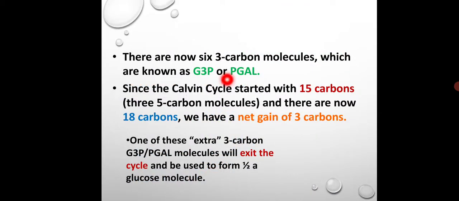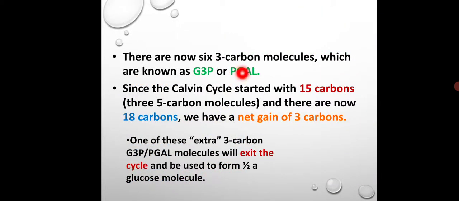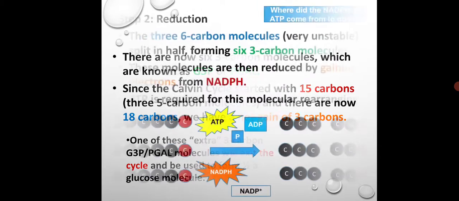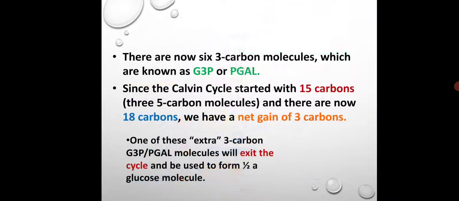Now there are 6 3-carbon molecules. ठीक है, हमारे पास 6 कार्बन मॉलिक्यूल है. Okay, so we have 6 molecules which are known as G3P. Okay, यही जो है, it is known as G3P or also glyceraldehyde 3-phosphate और PGAL phosphoglyceraldehyde, कोई भी आप बोल सकते हैं.